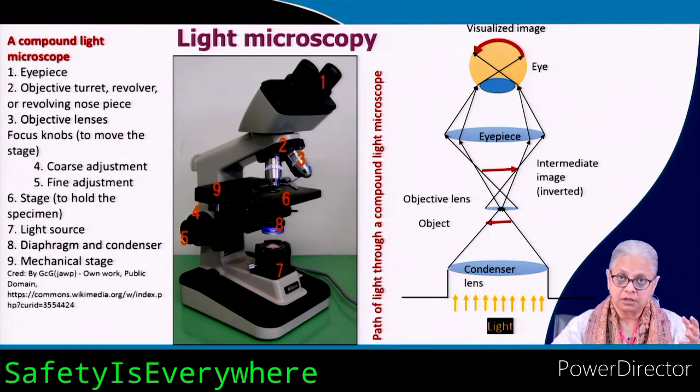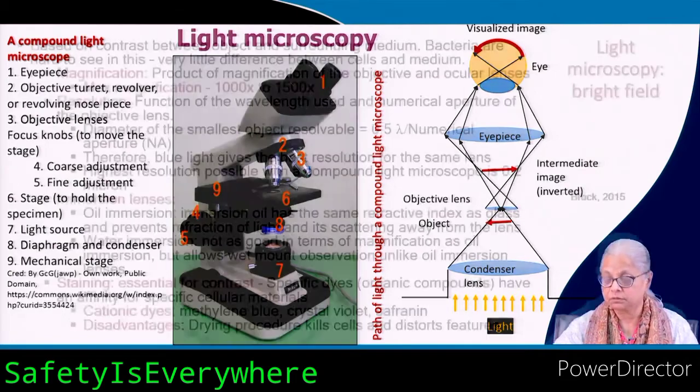So you have a camera mounted at this point instead of your eyes, and you transfer the images taken by the camera directly to the PC, and it makes storing of images easy, and it makes enumeration of bacteria or any other organisms really easy. So it's no longer as tedious work as it used to be. And like I said, 20 to 30 years ago, it was awfully tedious work. I can tell you that.